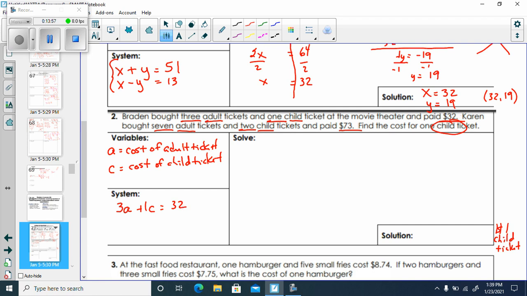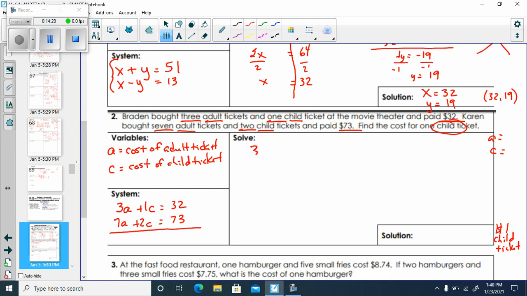Let's look at the other equation. Karen bought 7 adult tickets and 2 child's tickets, and that would cost us $73. Okay, there's your 2 equations. See? Neither one of them says A is equal to or C is equal to, so I can't use substitution. I'm going to have to use elimination.